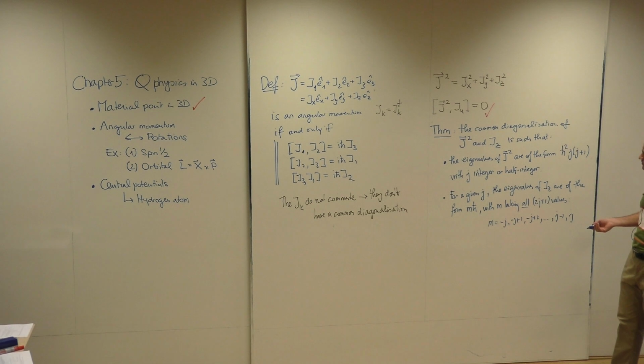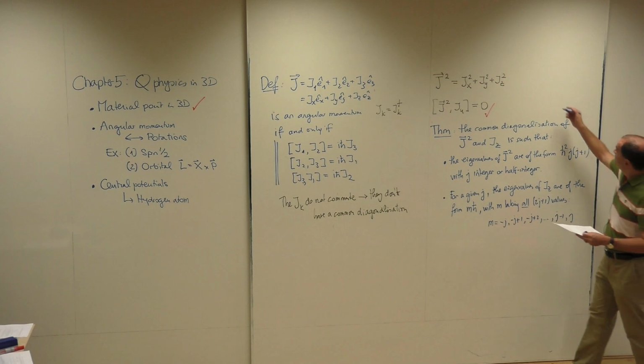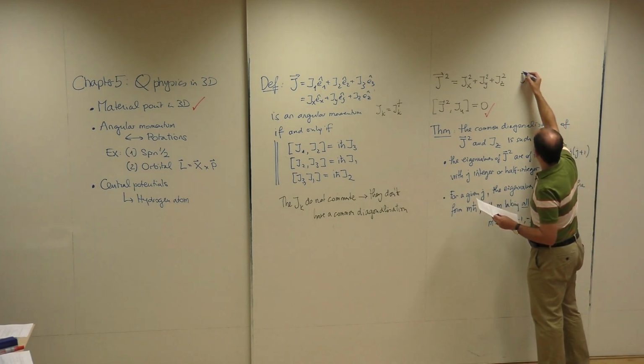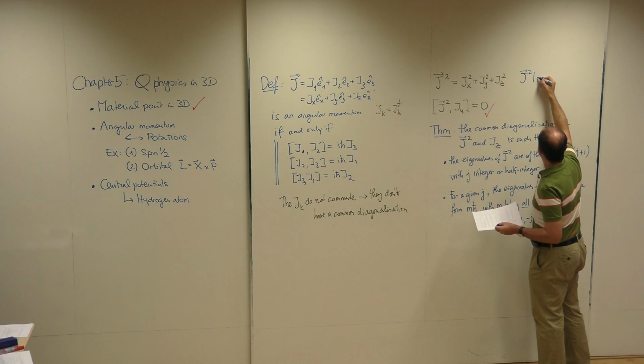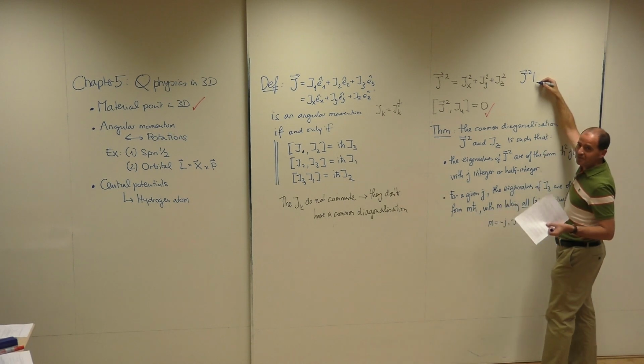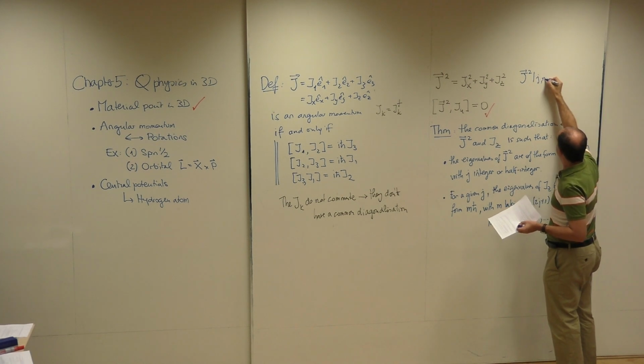Okay, so in other words, maybe if I write it in an algebraic way, it can be written like this, right? J square on the common vector, well, if it's a pure state, there can be some other variables like the energy or something else, but let me just write it with these.